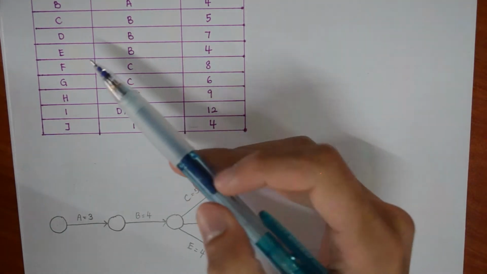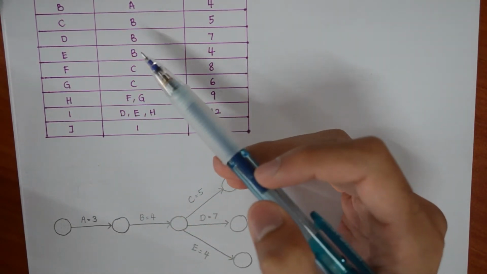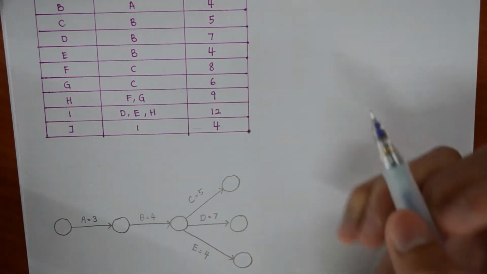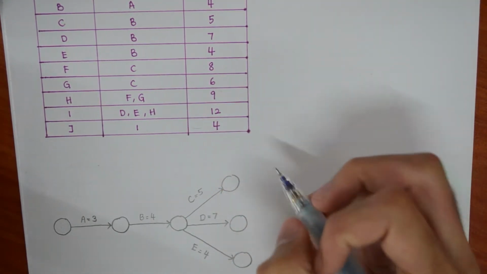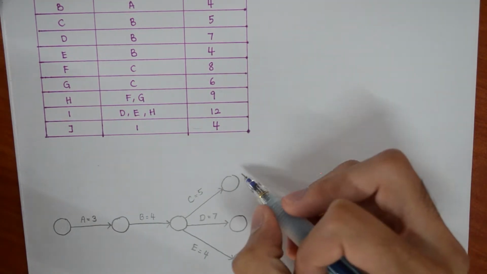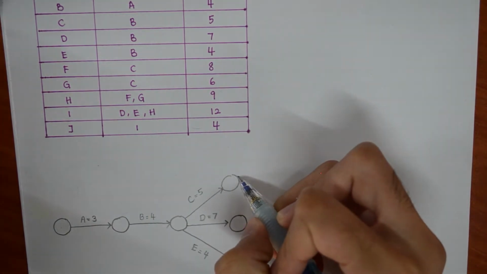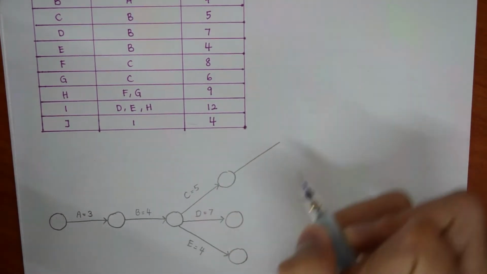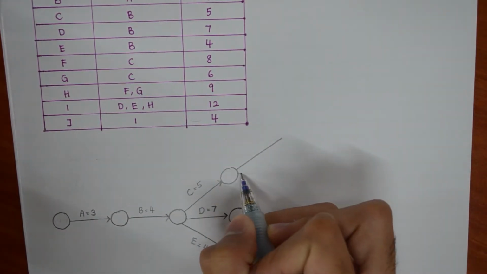So now we look at F and G. Both are from the same predecessor, which is C, so the process is the same as what we did just now. Okay, we're going to draw 2 lines from here, another one here.